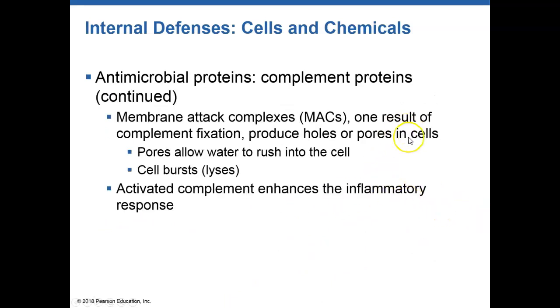One of those outcomes is known as the MAC attack. So when they get activated, a group of proteins comes together and causes a hole to be put into the pathogen, and that hole then allows water and other materials to enter, and then the cell will break apart.